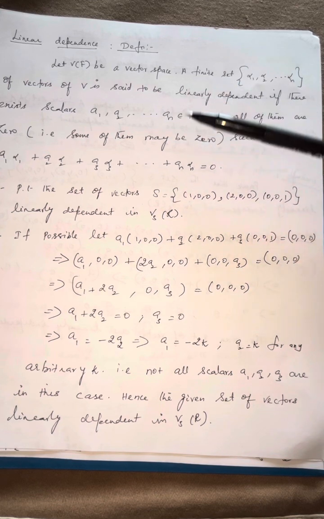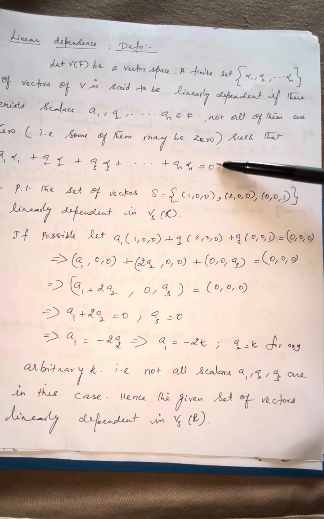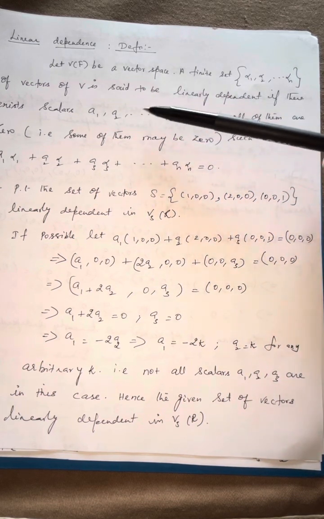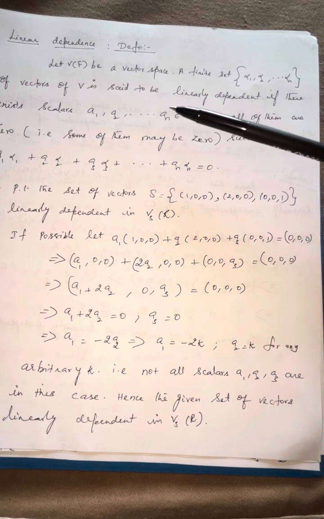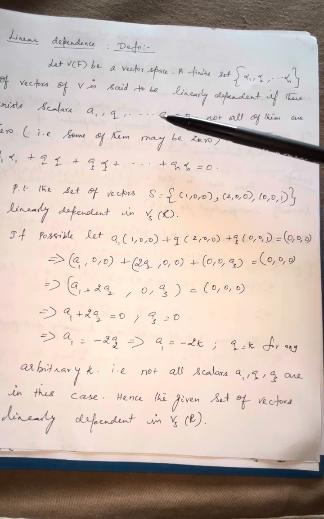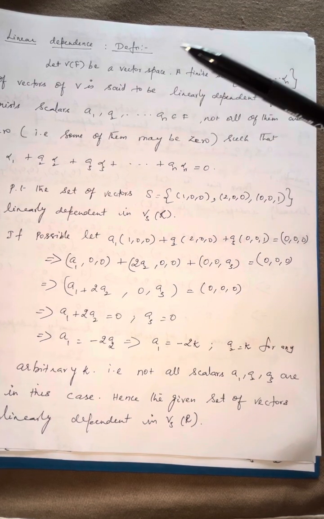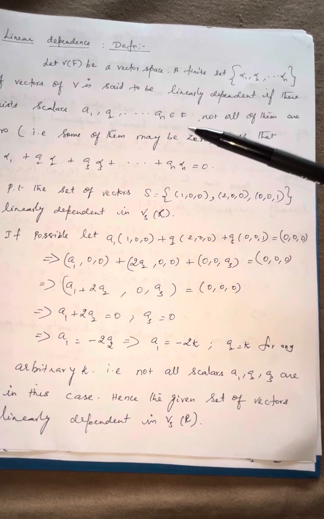So if this equation equals the zero vector, then any one of a1, a2, etc. an could be 0, but not all of them can be 0. Then it is linearly dependent. That means one vector is depending on the other one.